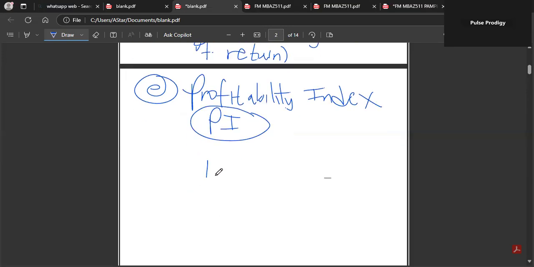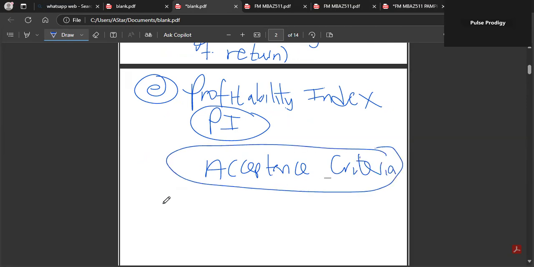Now, what is the acceptance criteria? Before you look at the question that we're going to do: accept the project if NPV is greater than 0.